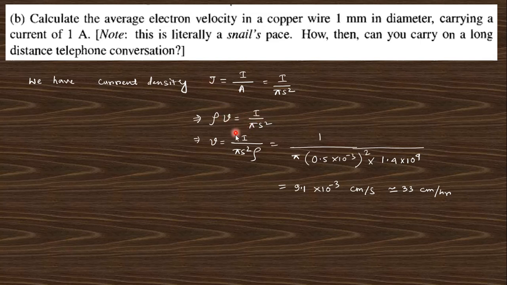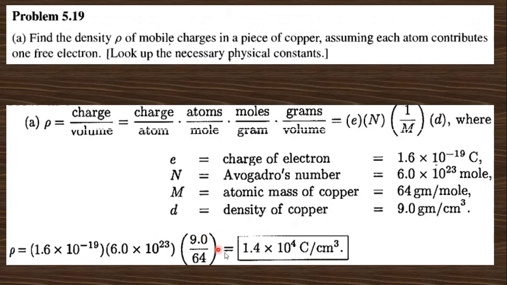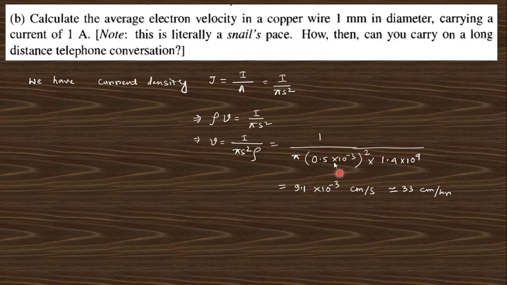So if you put this in, you will easily get the formula v equals I by pi a squared rho. Here the current I is 1 ampere, and since 1 millimeter is the diameter, the radius will be 0.5 millimeter, so 0.5 into 10 to the power minus 3, whole squared, and rho is the density obtained in the previous question. After putting in these values, you can easily find this is about 33 centimeters per hour, or you can say 9.1 times 10 to the power minus 3 centimeters per second.